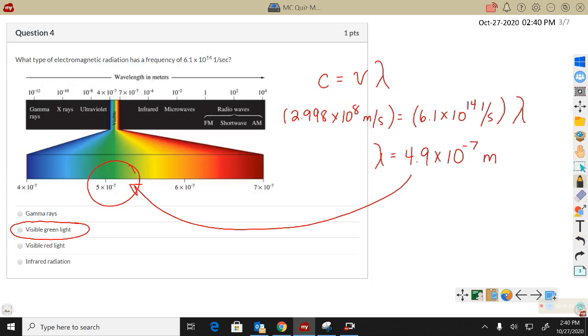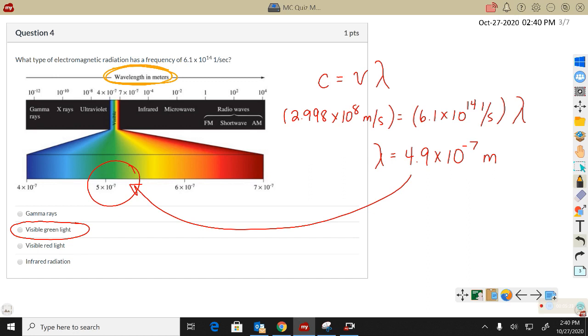Question 4, here's the other equation. This is speed of light equals frequency times wavelength. We want to know what type of electromagnetic radiation has a frequency of 6.1 times 10 to the 14th, 1 over second, waves per second, cycles per second. This table, or this diagram, gives me wavelengths in units of meters.